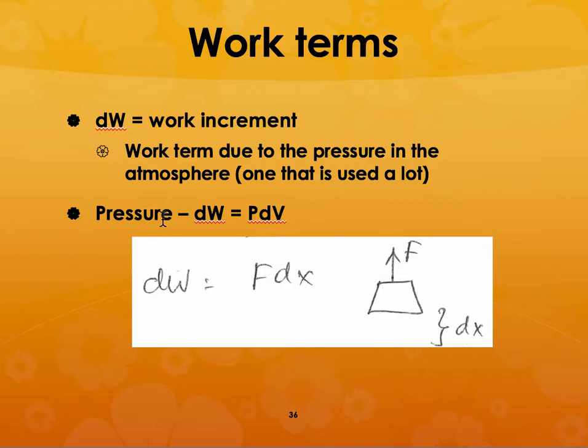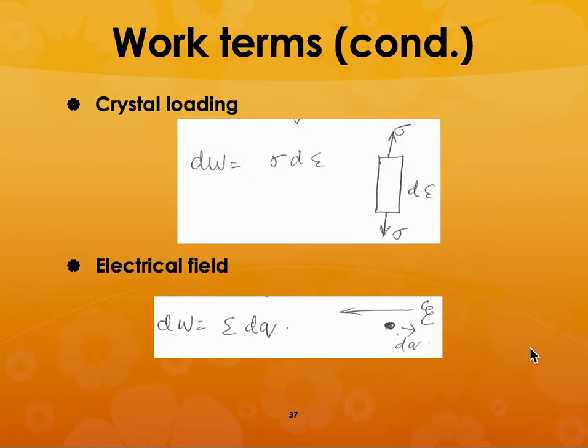You can also have pressure: work done is equal to the expansion of the system, PdV. If you are loading up a material in tension by a certain strain d epsilon and you are applying a certain stress sigma, then the work done dW is equal to sigma d epsilon. If you have electric field, you can define it in the same manner.